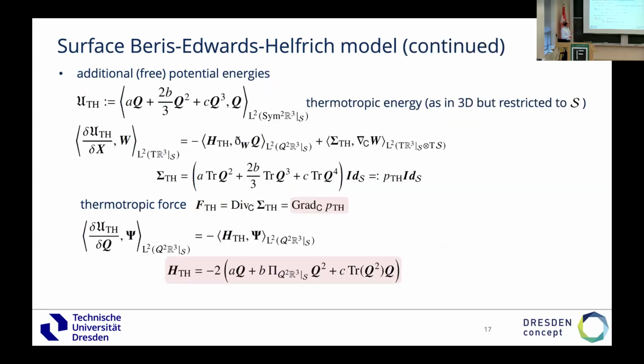In addition to that, we have a thermotropic energy with parameters A, B, C here in the form for a 3D liquid crystal energy. And again, we need to do the variation with respect to the state variables, which gives us the thermodynamic pressure term entering in the equation and an additional molecular force.